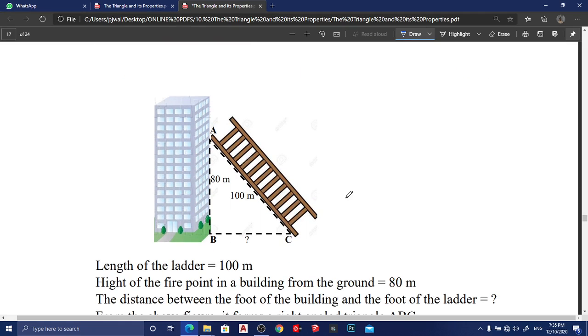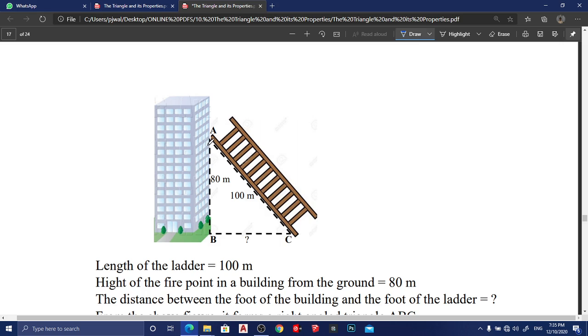See here, this is the easy method. So this is the building. Somewhere here fire has caught, and this is the ladder of the fire engine. Now this is the foot of the ladder and this is the foot of the building.